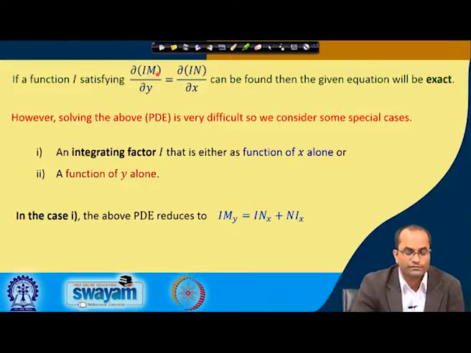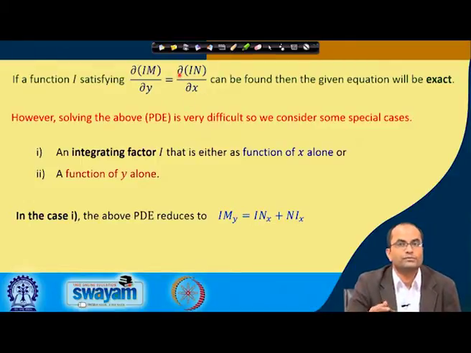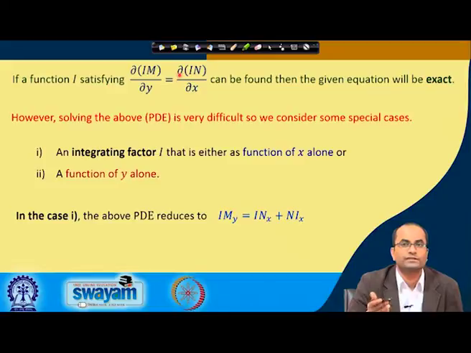So, we have some simplification: I, the partial derivative of M with respect to y, that is a short notation for that, is equal to, on the right hand side, because I is a function of x, we have to use the product rule. So, it is I_x with this N and I with this N_x.